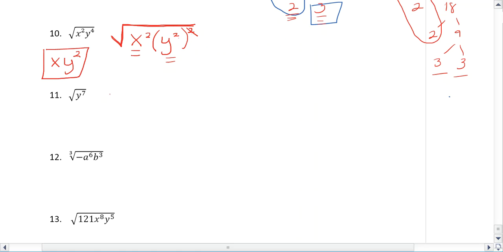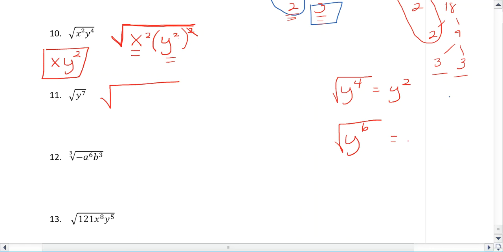Now in number 10, I said something that I hope you caught. Any letter with an even exponent is a perfect square. And that kind of doesn't make sense to our brains at first, because we think that, well, y to the fourth is a perfect square because 4 is a perfect square. But there's more to it than that. Did you know that y to the sixth is a perfect square, even though 6 is not a perfect square?